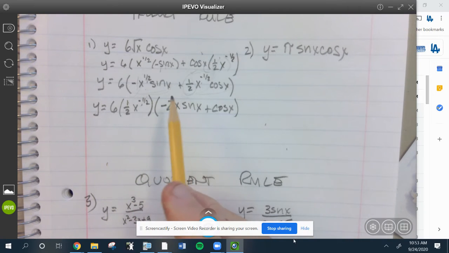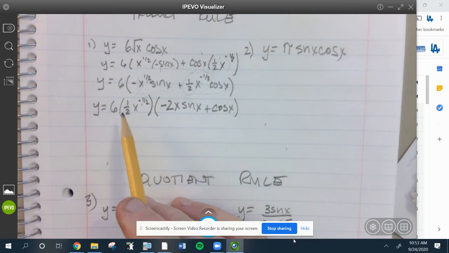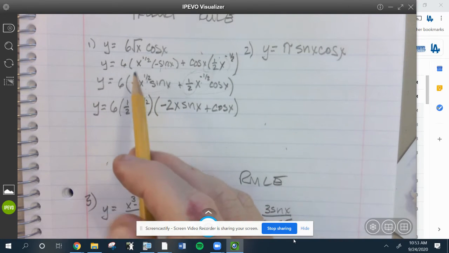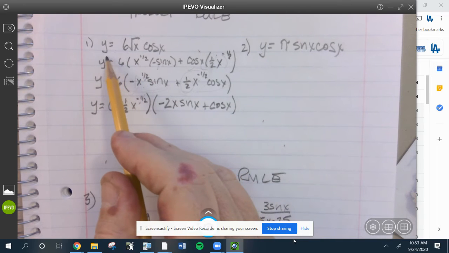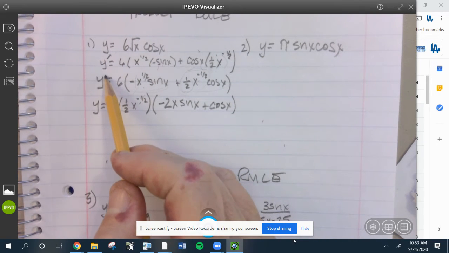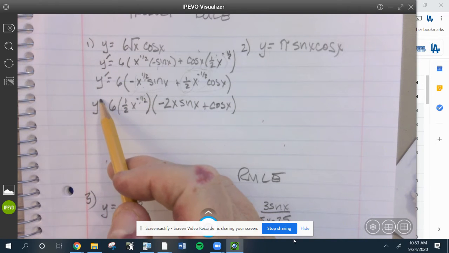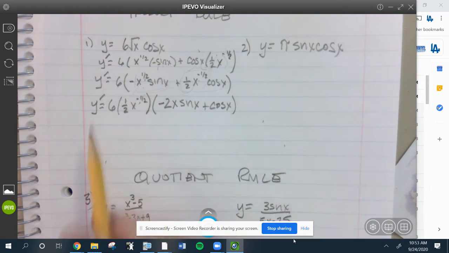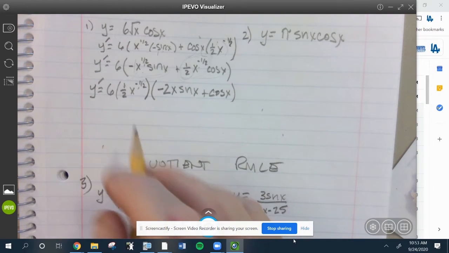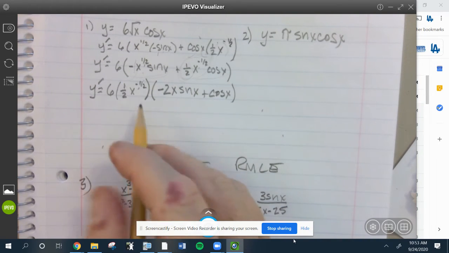And before I go any further, I want to point out a big mistake here. This was the derivative, as soon as I use the product rule. Now, 6 times 1/2 is 3.